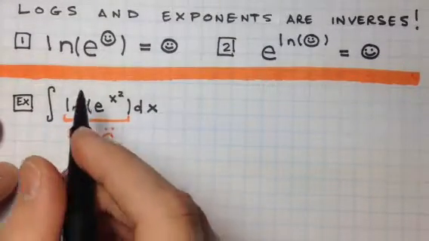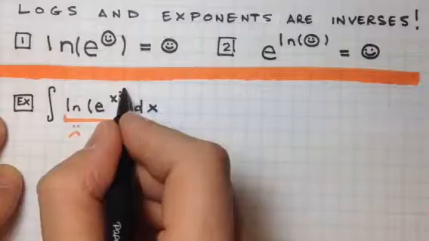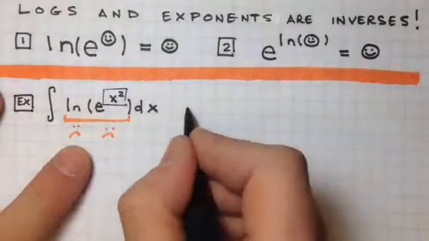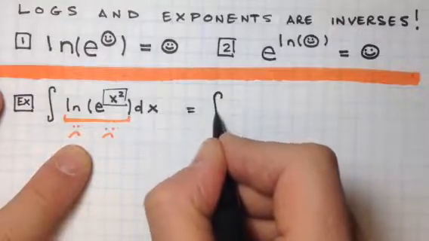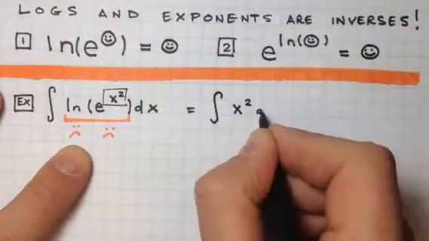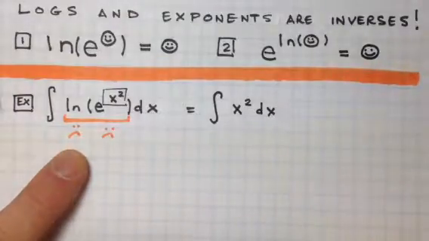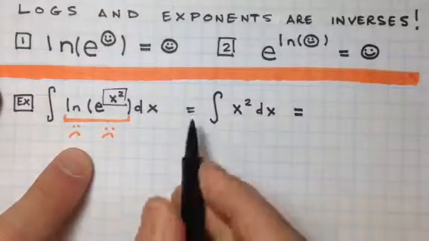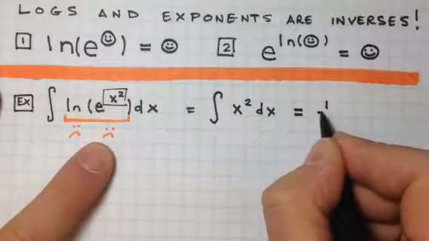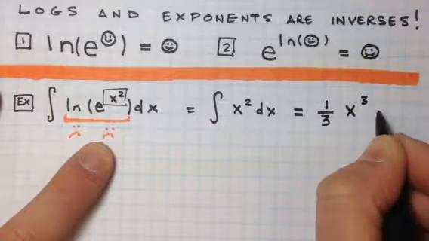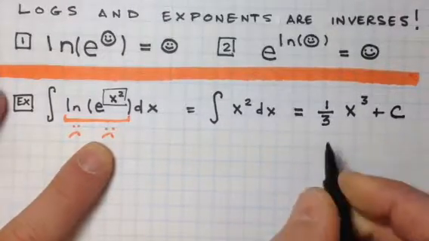But you might know that we have this x squared here, and we're doing the natural log of e to it. Therefore, we can rewrite this expression simply as x squared dx. And that is a piece of cake to integrate. We end up with 1/3 x cubed plus c.